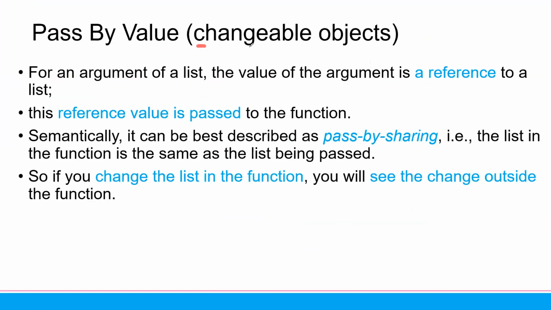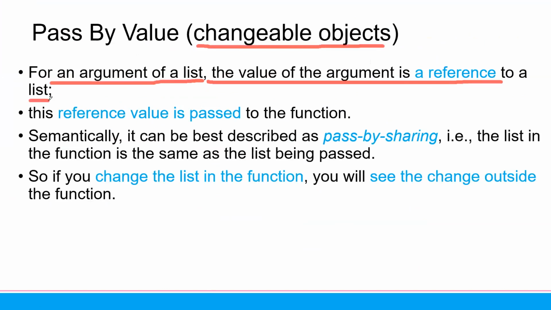If we have changeable objects, then for an argument of list, the value of the argument is a reference to a list. This reference value is passed to the function.